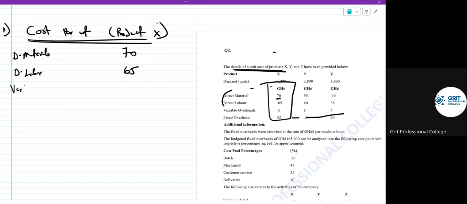Then we have our overheads, right? A variable overhead, and that will be 11.